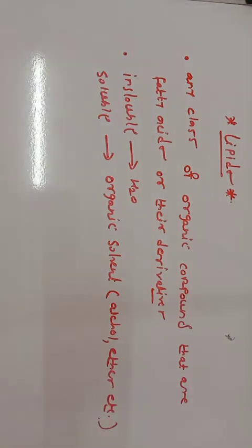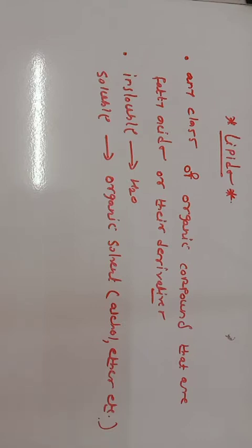So what are lipids? Lipids are any class of organic compound that are fatty acids or their derivatives. They are generally insoluble in water but soluble in organic solvents. Another definition: lipids may be regarded as organic substances relatively insoluble in water but soluble in organic solvents, actually or potentially related to the fatty acids and utilized by the living cells.